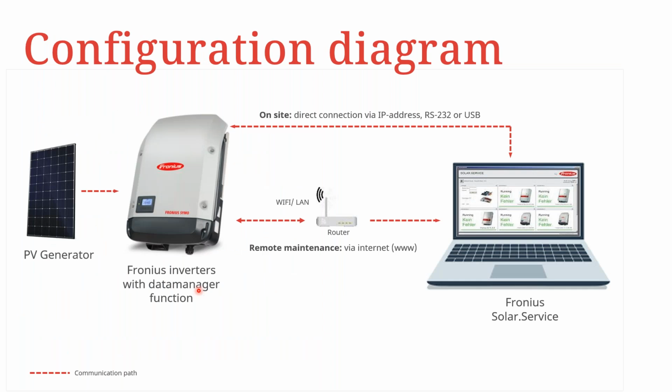So going further, let's look at how the configuration takes place with the configuration diagram, as you can see. Configuration can either be done by hardware, that is by connecting the inverter with your monitoring device, your laptop in this case, with a LAN cable via the RS-232 or USB port, or it could be done remotely by connecting it using the wireless LAN or Wi-Fi as we know it.